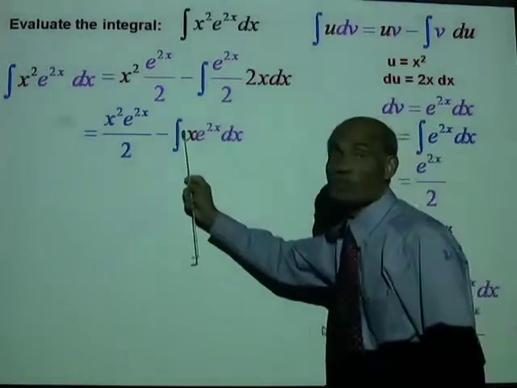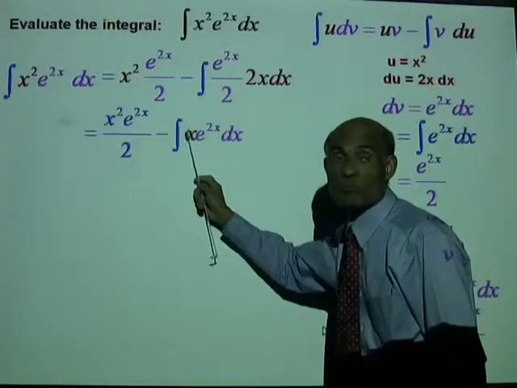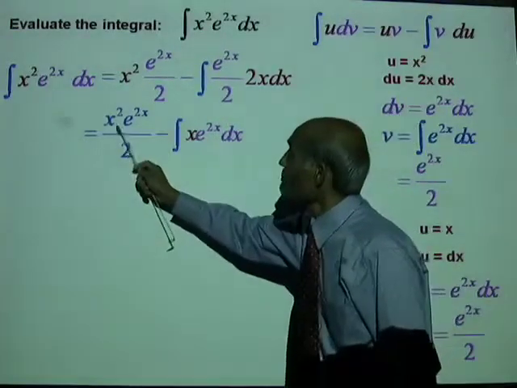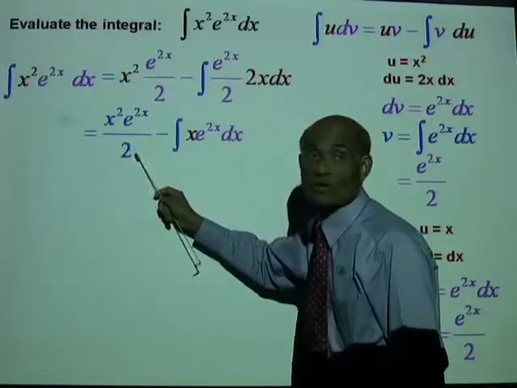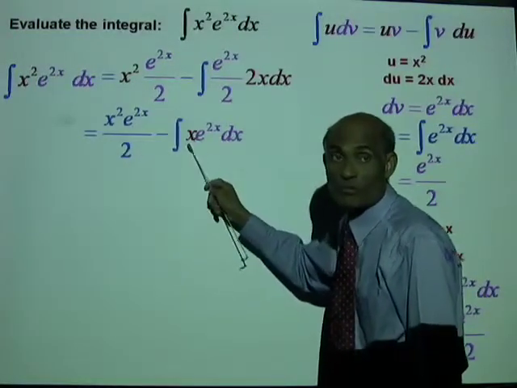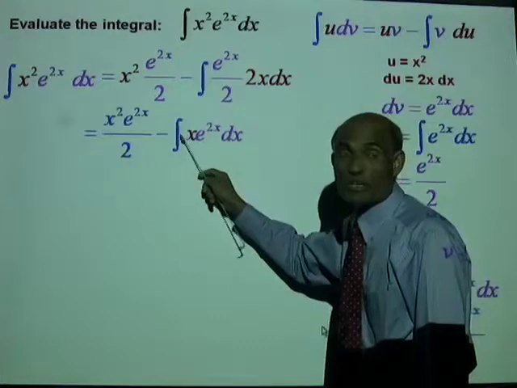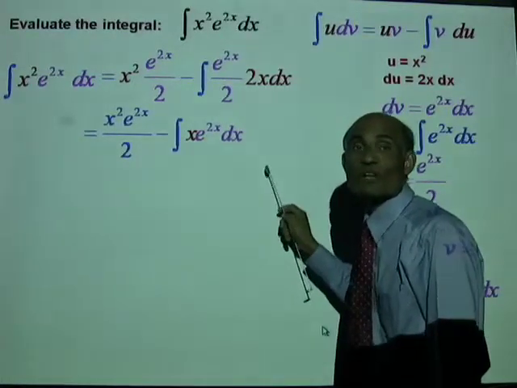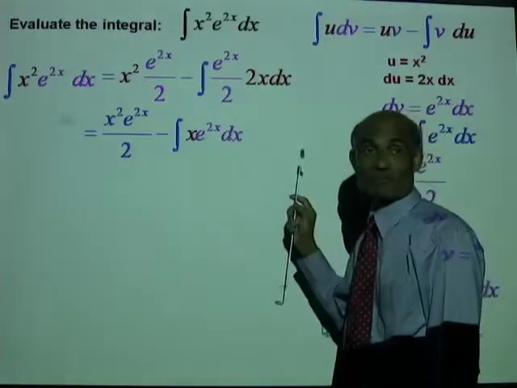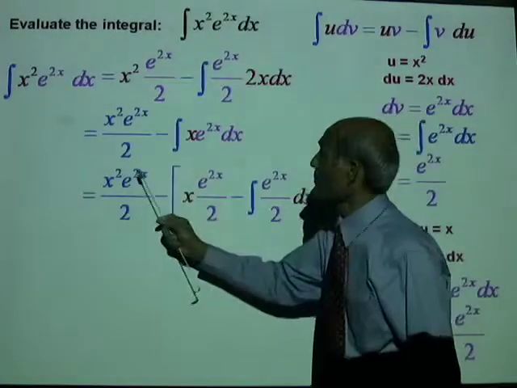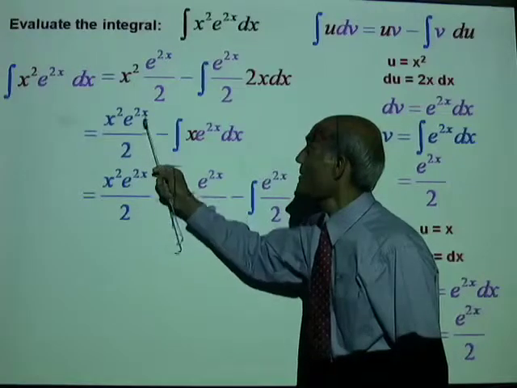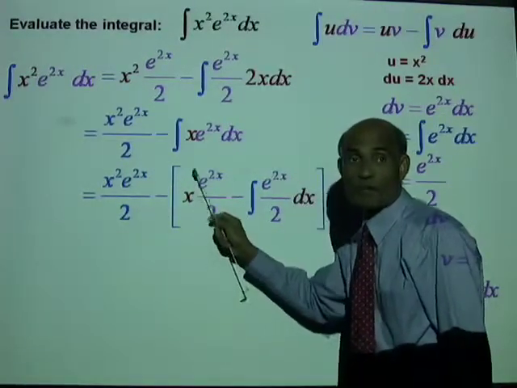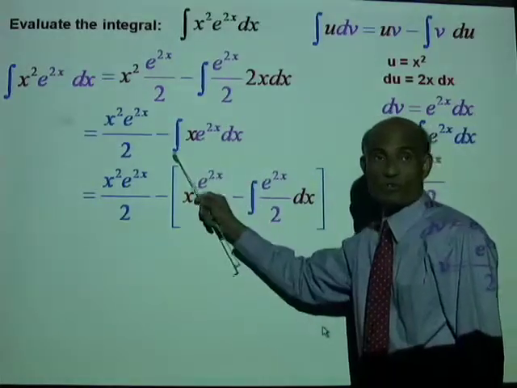So we are doing integration by parts once again here. That means it will be x squared e to the power of 2x over 2 minus, you need to now put a bracket. The integral of this will be uv minus integral v du. Is that right? Okay, let's do that. So that will be x squared e to the power of 2x all over 2 minus, and in the bracket we write the expression for this integral.